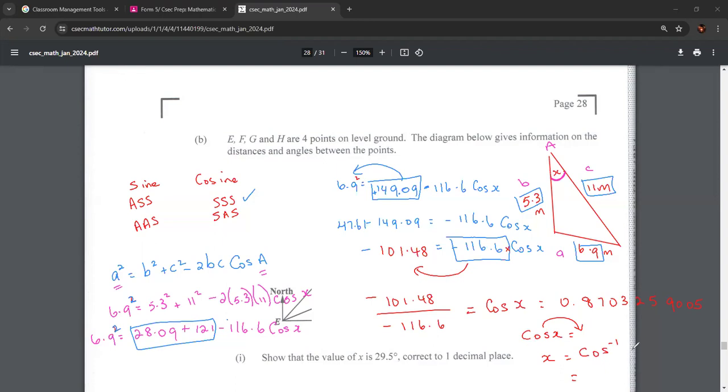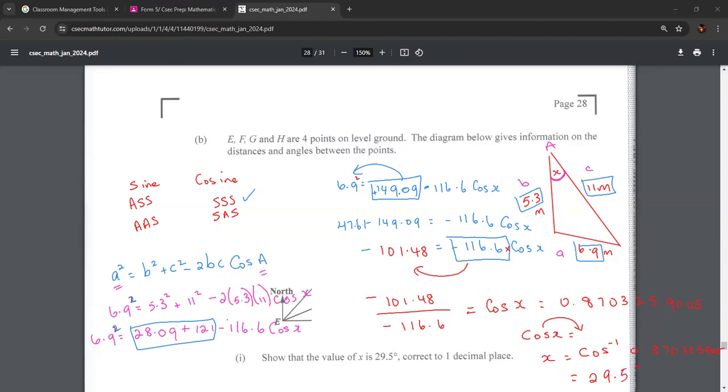And then cos inverse of that value on your calculator, I'll get 29.5.